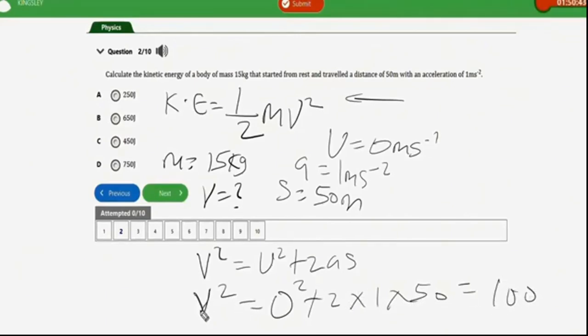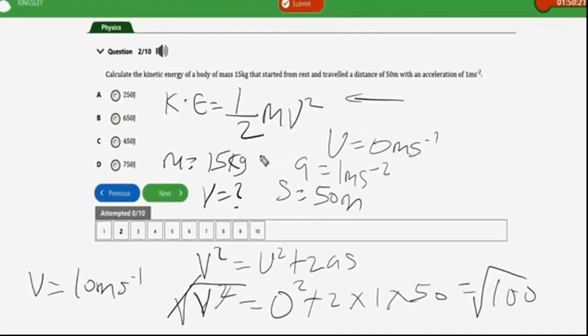Now to make v the subject of the formula, we're going to square root both sides. So this square will cancel the square root. Our v will now be square root of 100, which is 10 meter per second. So at this juncture we are getting the final velocity to be 10 meter per second.